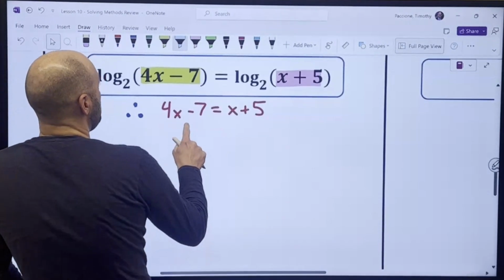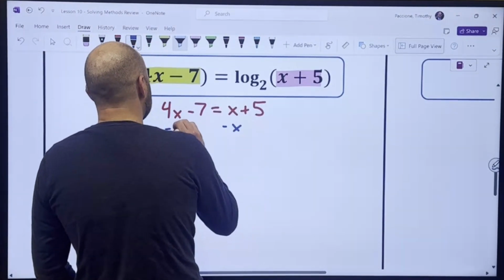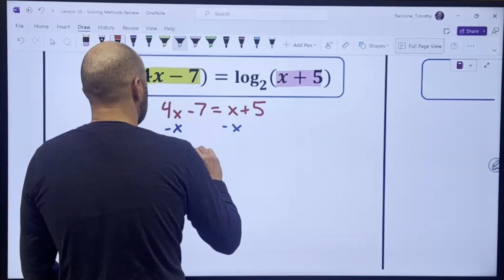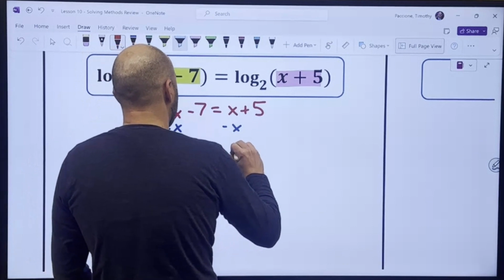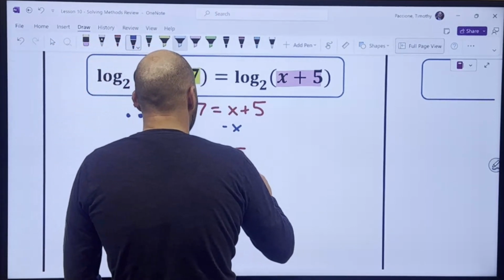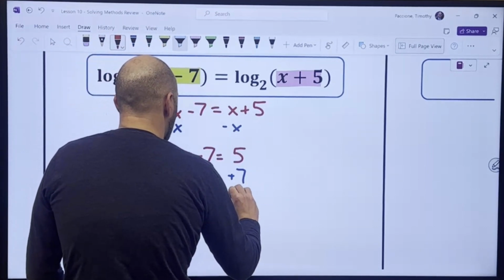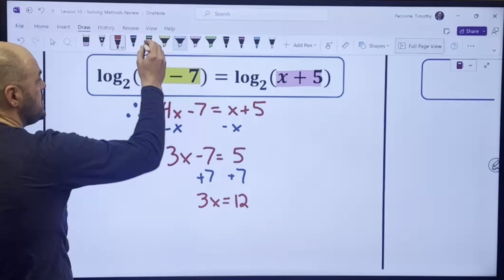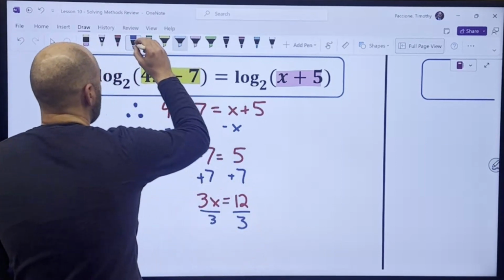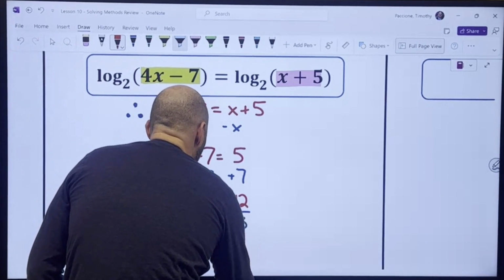All right, so I would move my x's to the left, so that's minus x. That gives me 3x minus 7 equals 5. Then I would add 7. That gives me 3x equals 12. Now I just need to divide by 3, and I get x equals 4.